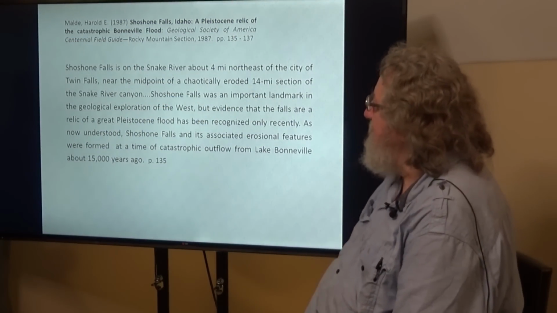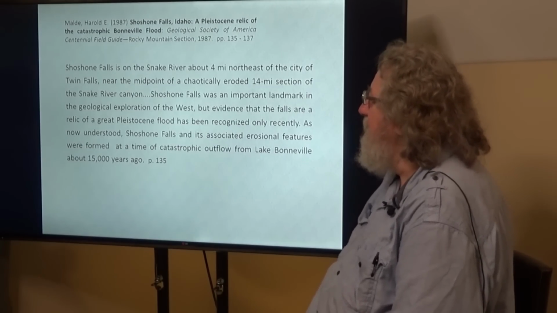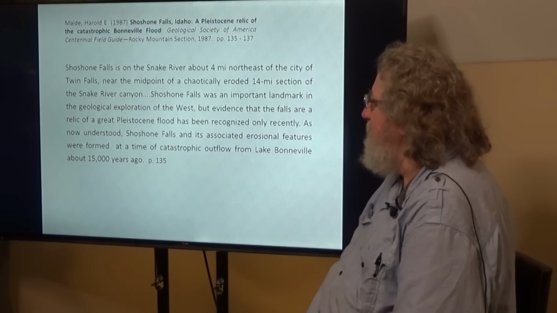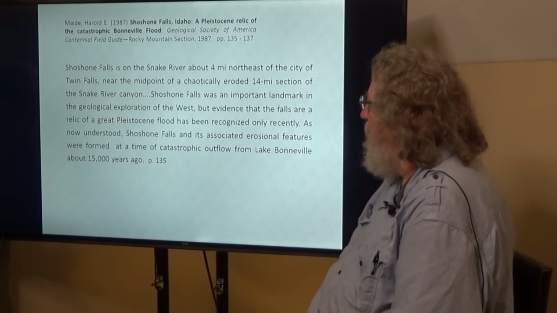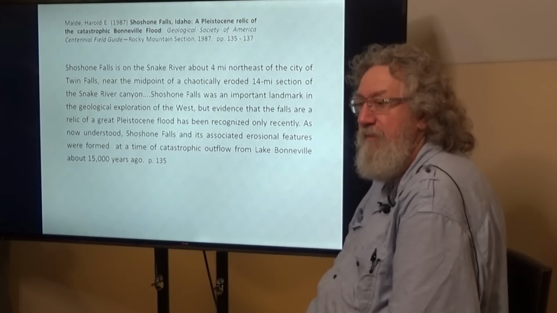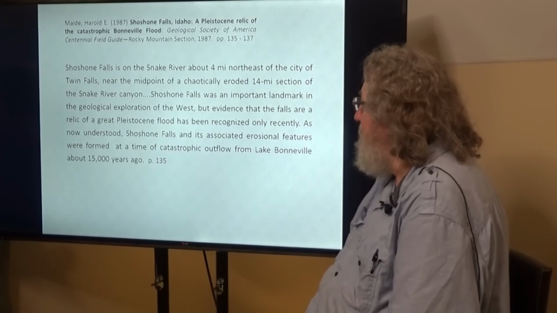So Shoshone Falls is on the Snake River, about 4 miles northeast of the city of Twin Falls, near the midpoint of a chaotically eroded 14-mile section of the Snake River Canyon. Shoshone Falls was an important landmark in the geological exploration of the West, but evidence that the falls are a relic of a great Pleistocene flood has been recognized only recently.